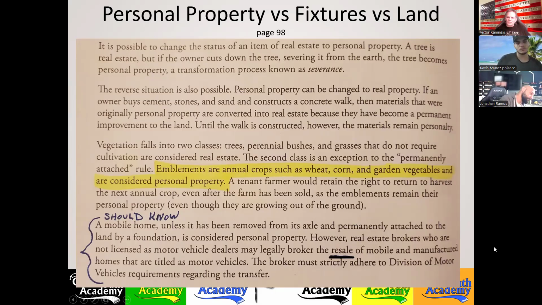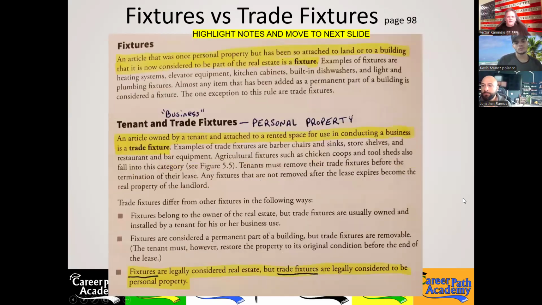Why is this important to know? Because how do you transfer the ownership of personal property versus real estate? Real estate, you transfer it by deed, personal property by bill of sale. So an article that was once personal property that has been attached to the land or a building that it is now considered part of the real estate is a fixture.